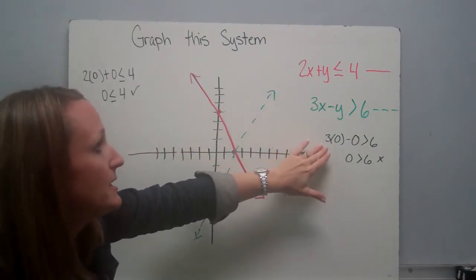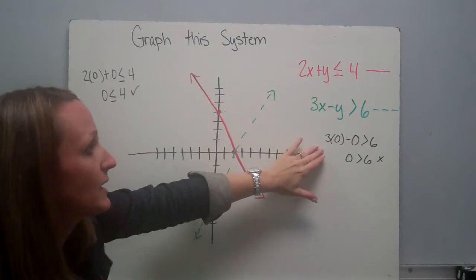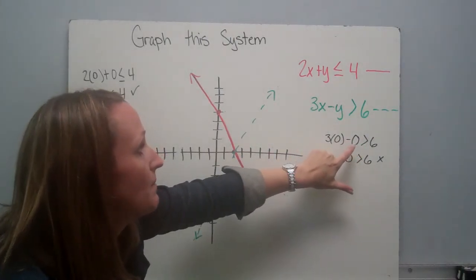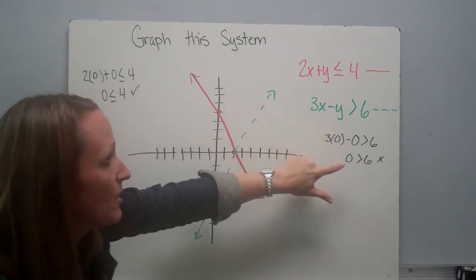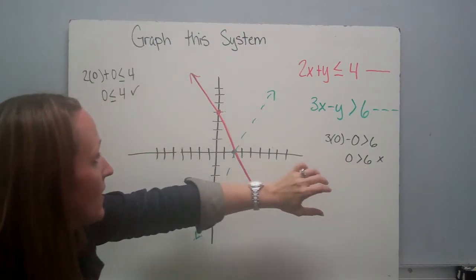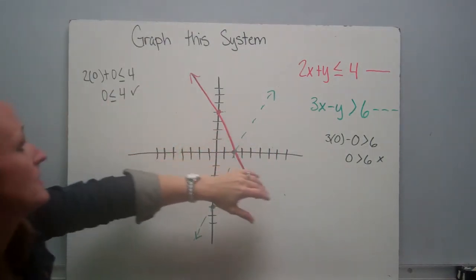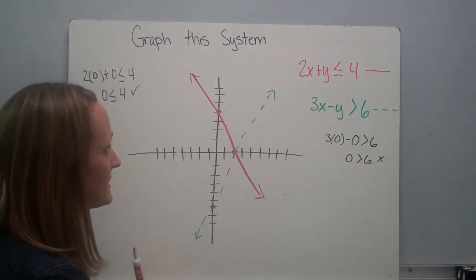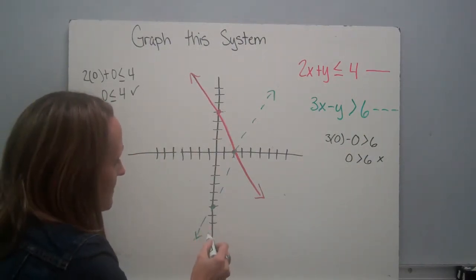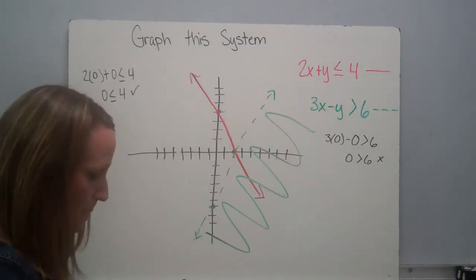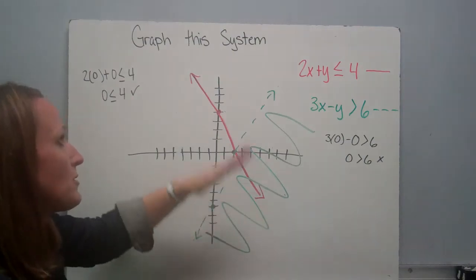So if you plug it in, 3 times 0 minus 0 is going to be 0. So you end up with 0 is greater than 6. That does not work. 0 is not greater than 6. So in other words, this is a less than equation, which means we would shade down here. If it had worked, we would have shaded on this side.